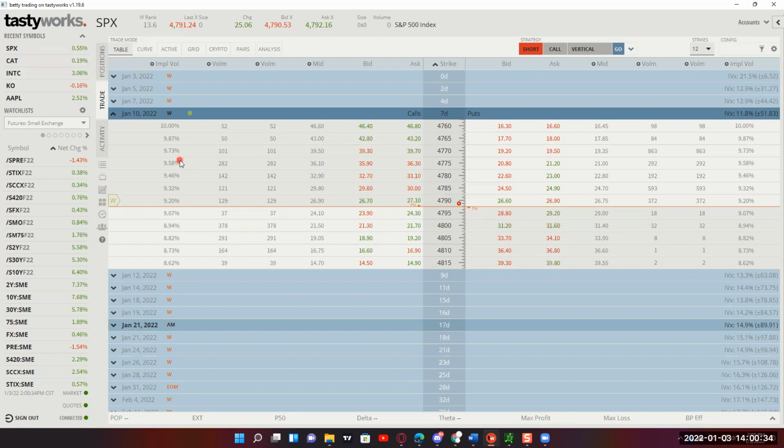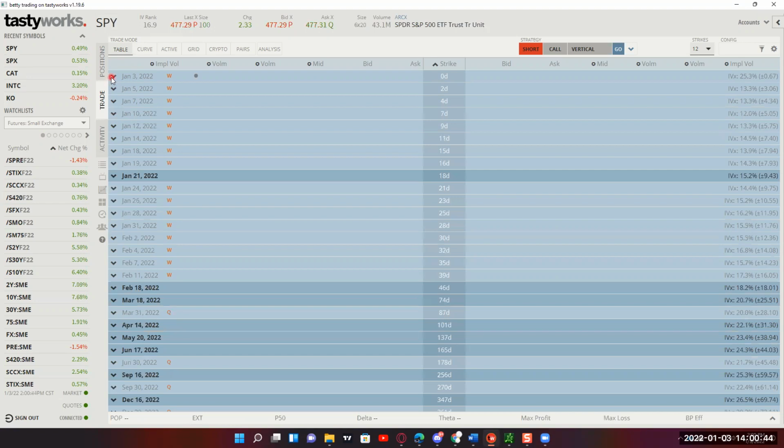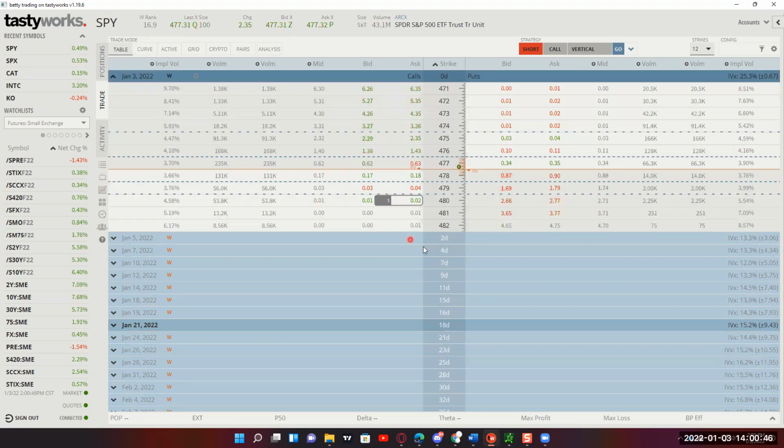And we'll get started. All right, so it all comes down to liquidity and how liquidity connects to the bid-ask spread. So we're going to go over to SPY. And what I want you to notice here in SPY is the difference between the bid and the ask. Let's get the drawing tools over here.